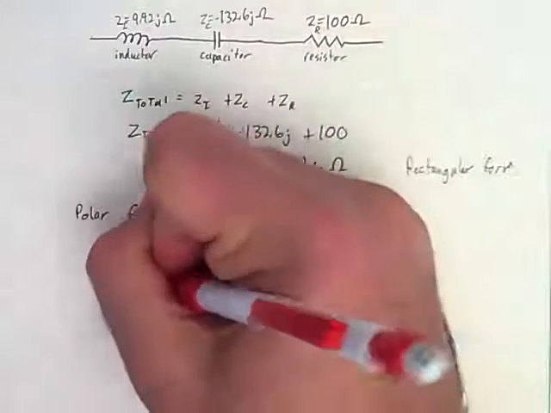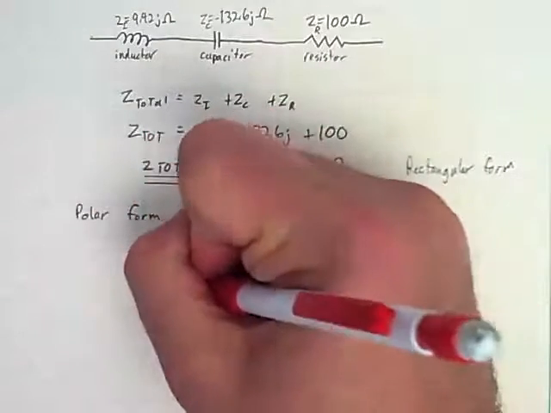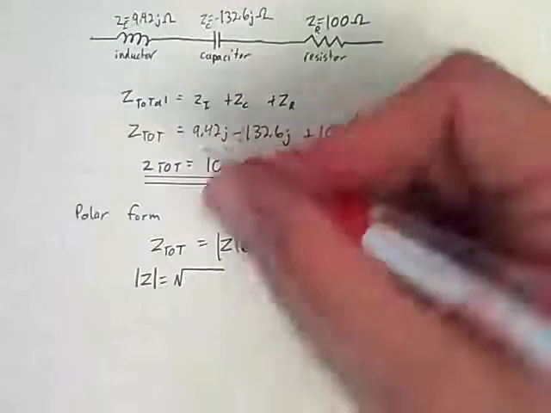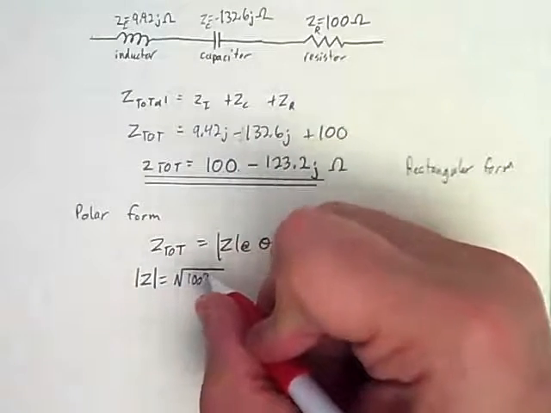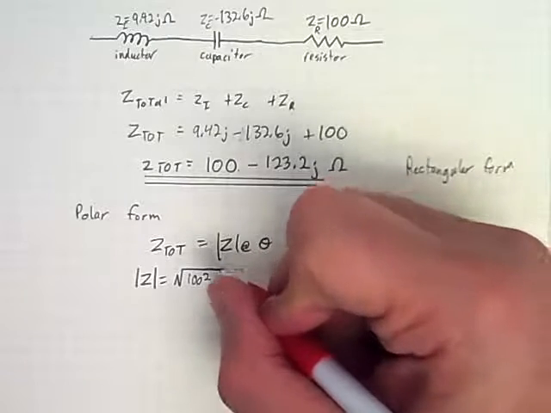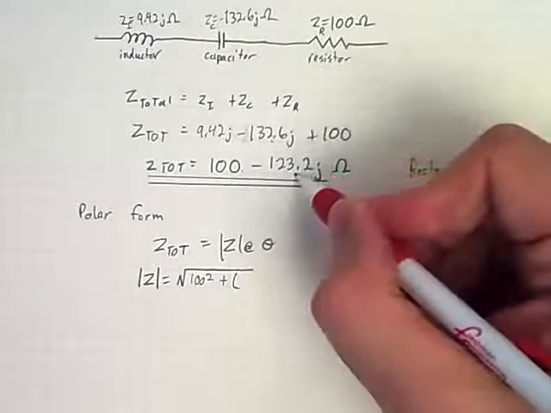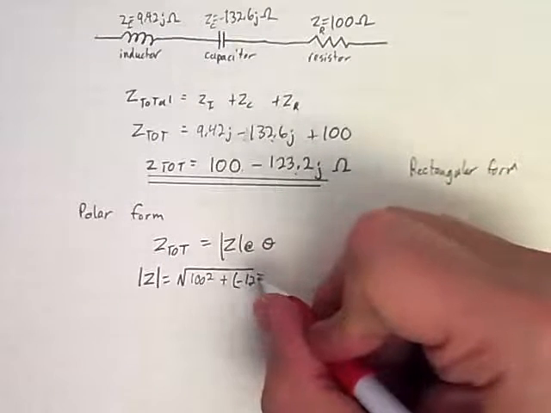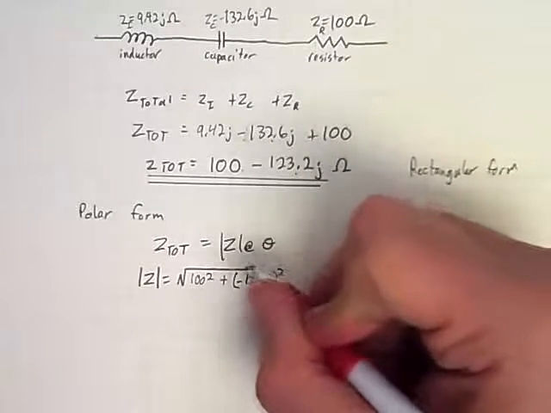That the magnitude of Z is going to be the square root of the real part, which is 100 squared, plus the imaginary part, which is negative 123.2, squared.